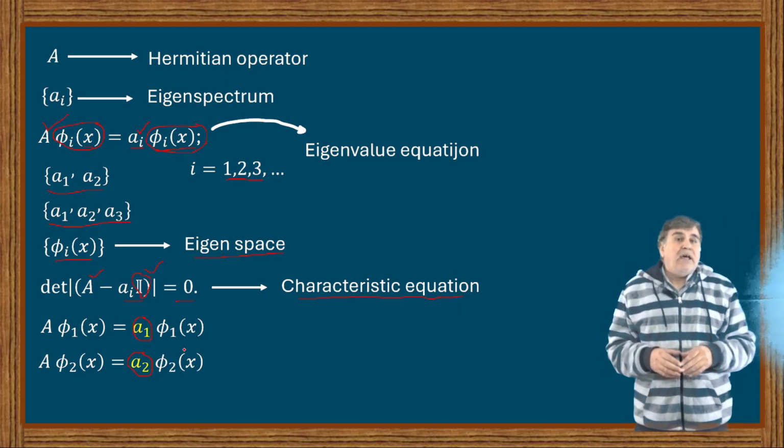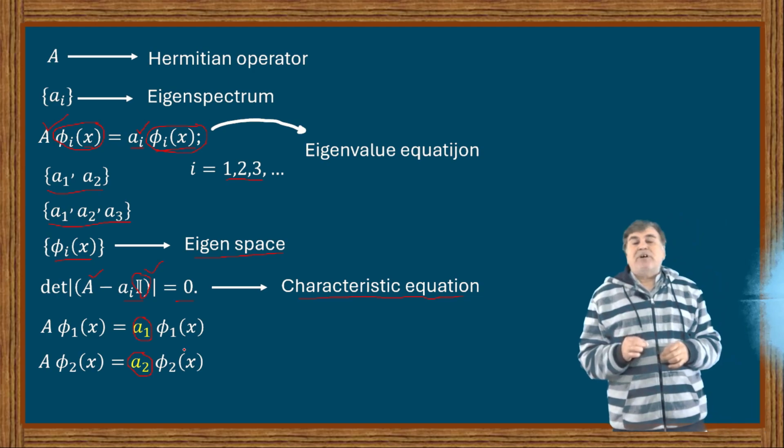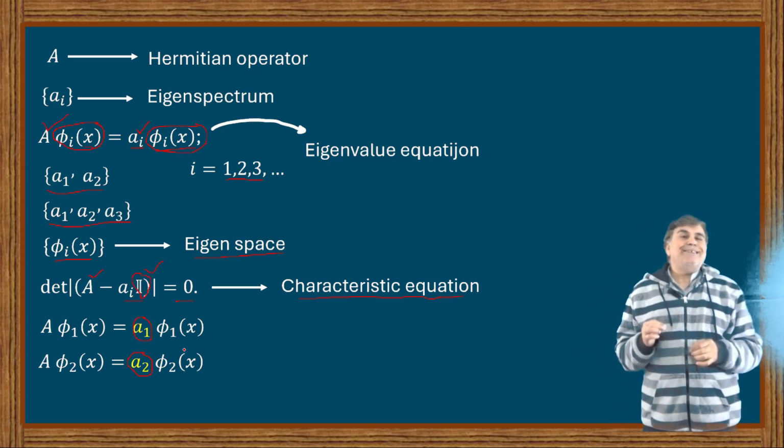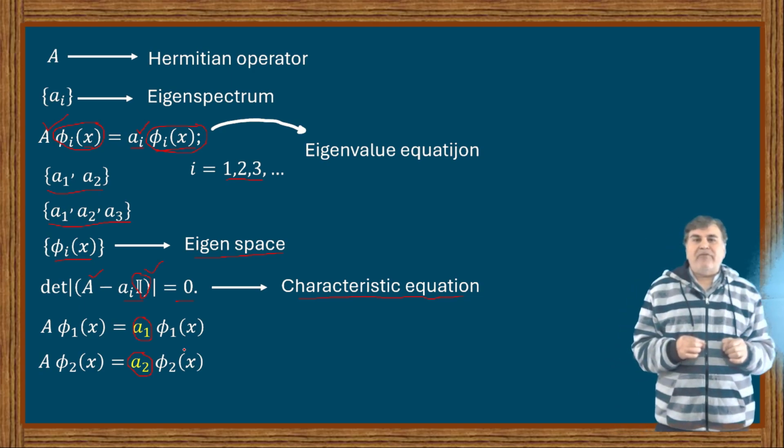On the other hand, if a given eigenvalue corresponds to two or more than two eigenfunctions, it is then called a degenerate eigenvalue.